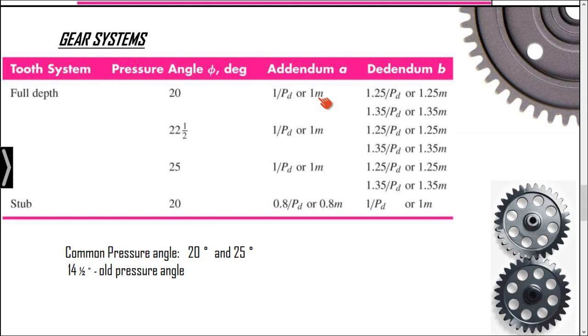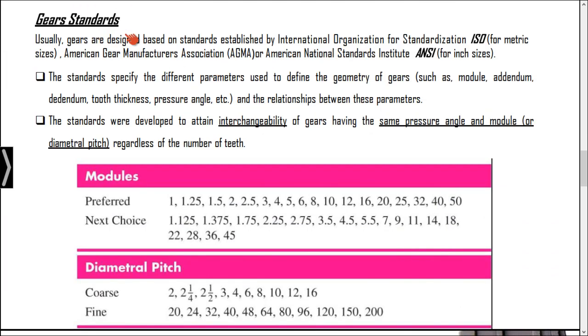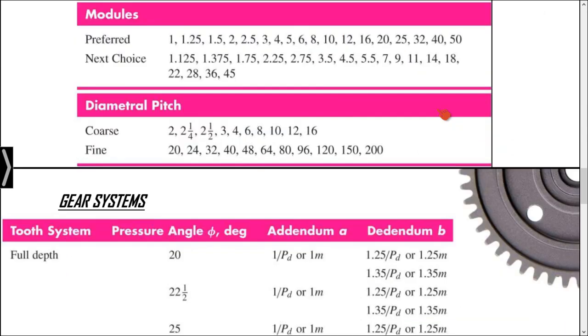That means if the module is 5 mm, then addendum is nothing but 5 mm. Like that, every dimension of a gear is purely based upon the module of the gear. So module plays one of the important roles while designing a gear, because in gear standards, every dimension is based upon the module.